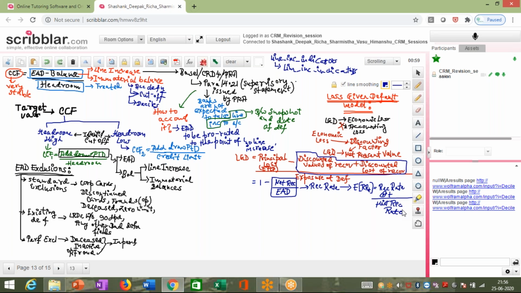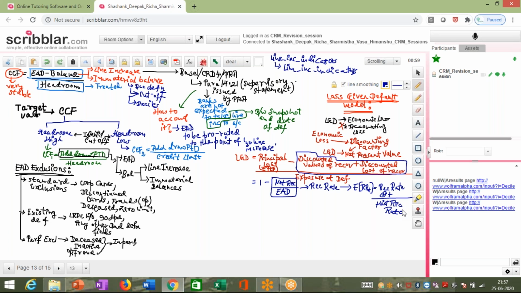So 1 minus the expected recovery rate is the LGD. Once I have my discounted values of recovery and discounted costs of recovery, I can easily calculate this expected recovery rate, and then 1 minus that will be the observed LGD figure.